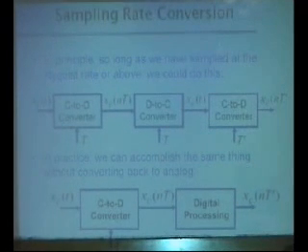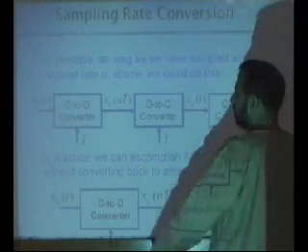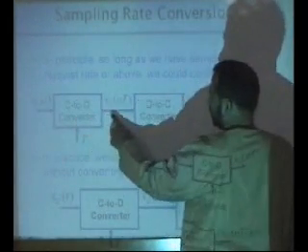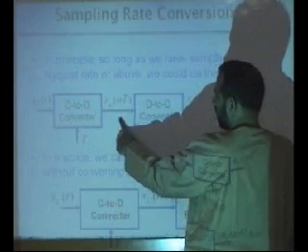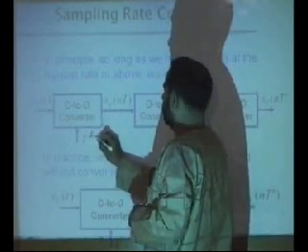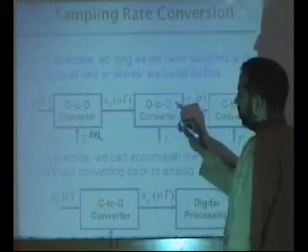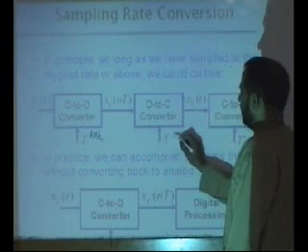Sampling rate conversion is really equivalent to thinking as if you convert a signal to a digital signal. Let's say here the sampling rate is 4 megahertz. So you convert it, and now let's say you want to resample it at 8 megahertz.